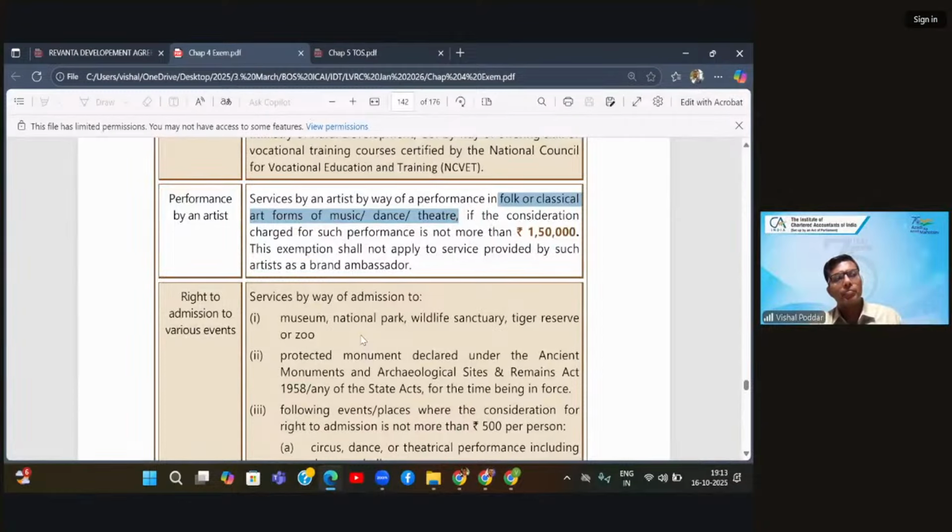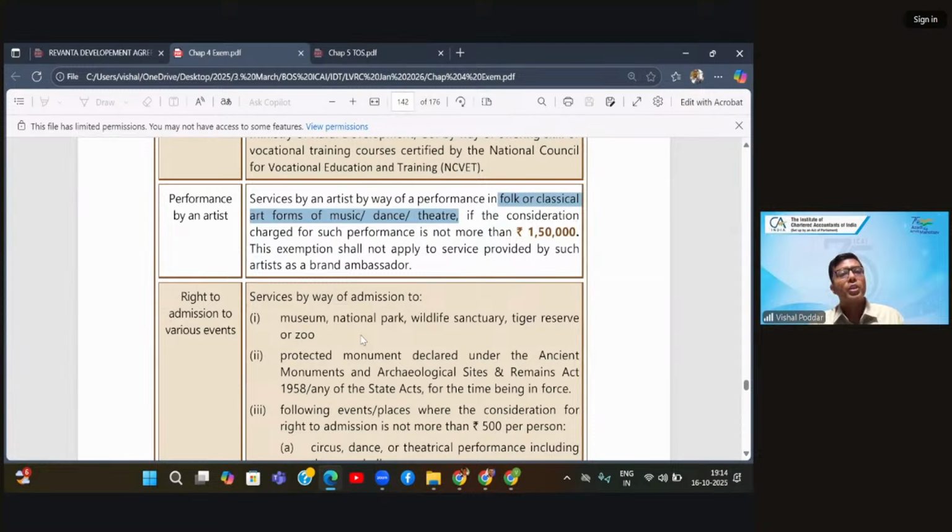Let us say, as an artist, you are playing tabla, you are playing sitar, and you are charging your fees for that live concert of tabla, sitar, harmonium, or you are performing some traditional dance form. Like I always give example of Hema Malini ji, who is a very good dancer of this Kathak.